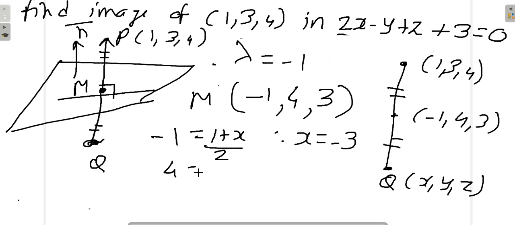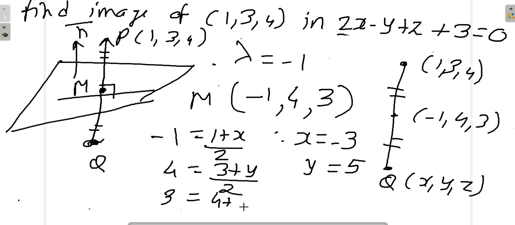Then 4 will be (3 plus y) upon 2, that gives you y as 5. And lastly, 3 is (4 plus z) upon 2, and that gives you z as 2.